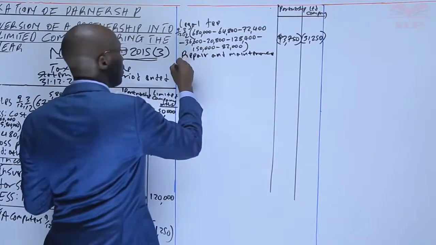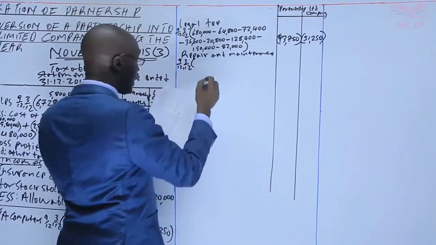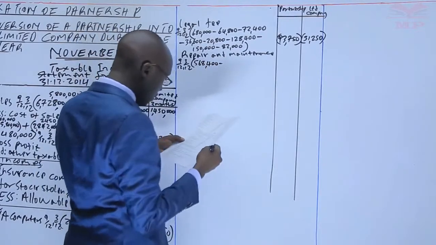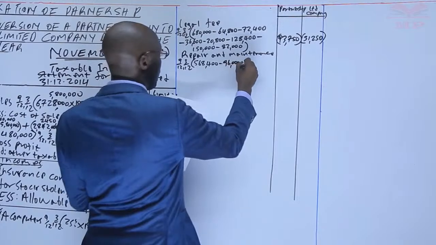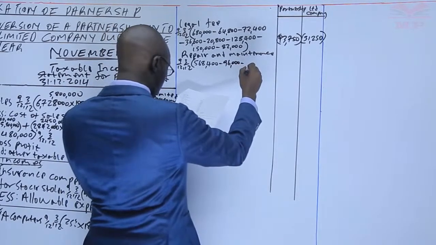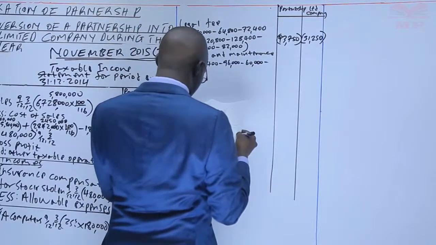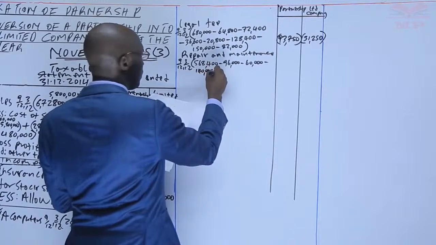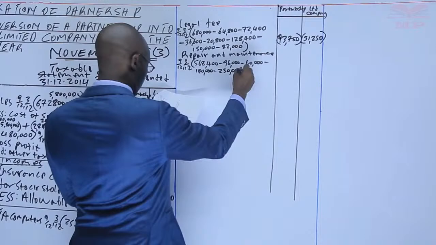So we have repair. So we take 9 over 12, 3 over 12 of the overall 568,400. Remove the non-allowables like furniture 96,000. The other one is neon sign 60,000. You have the office block 140,000. You have the partitioning 250,000.